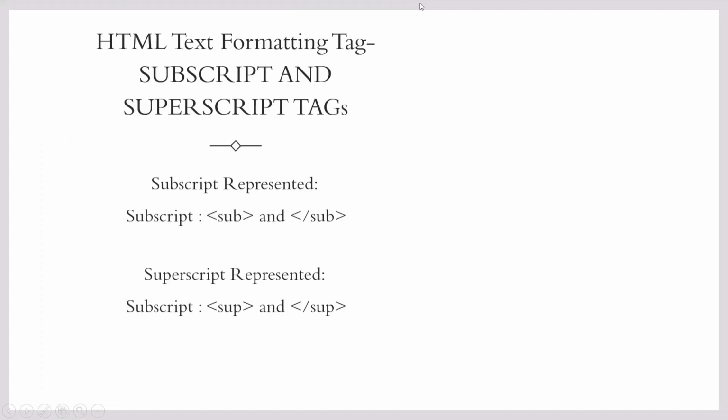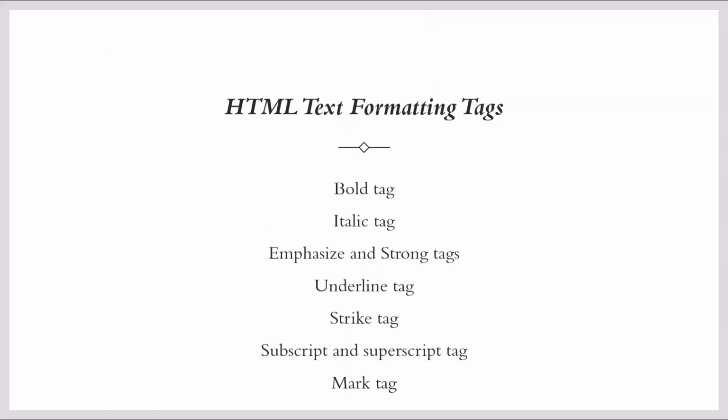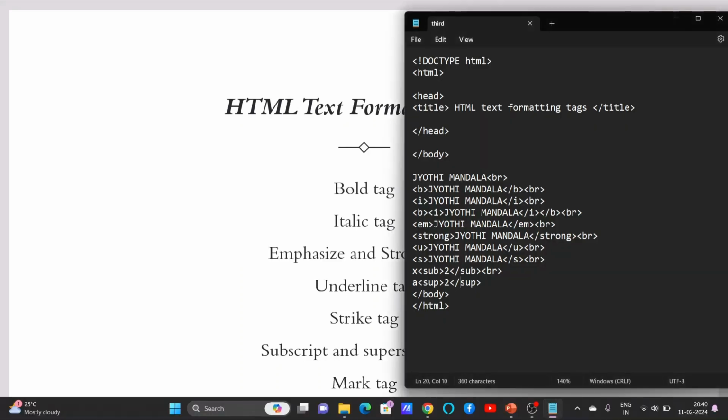Lastly, we have the mark tag. The mark tag is used to highlight the text with a yellow background, making it stand out from the rest. Let's see how it will work. I'm using the same text, my name.